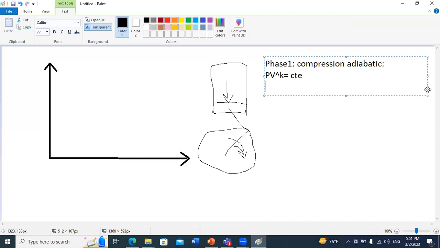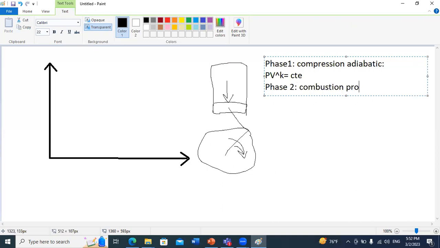Second, phase two. As we mentioned, after compression we can give the spark, which will cause the ignition of the system. So in phase two, let's say we have the combustion process.